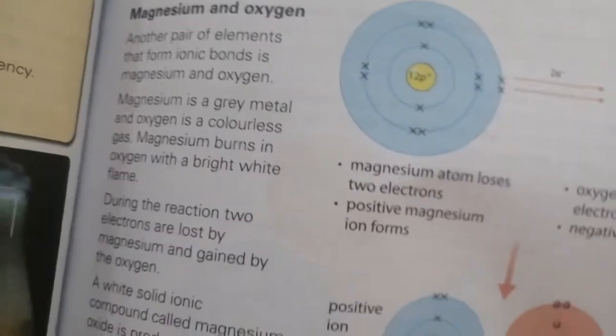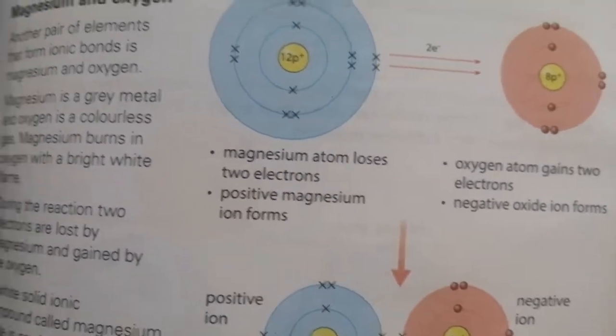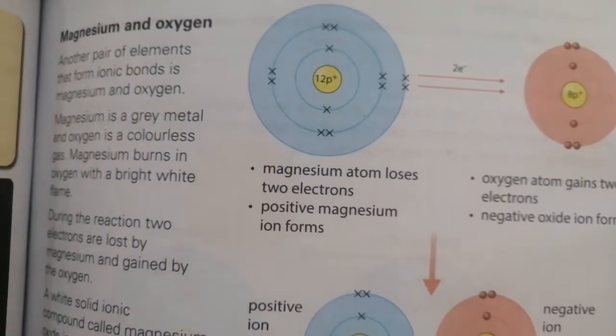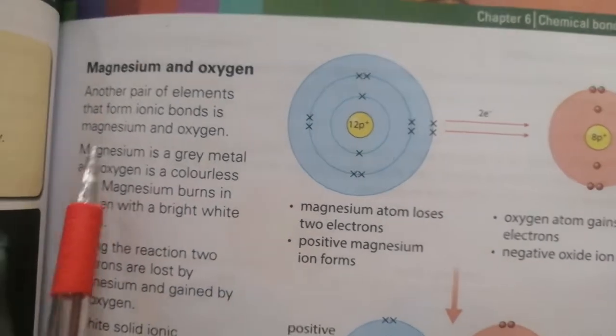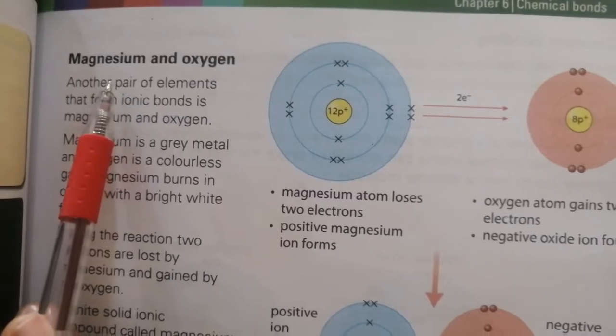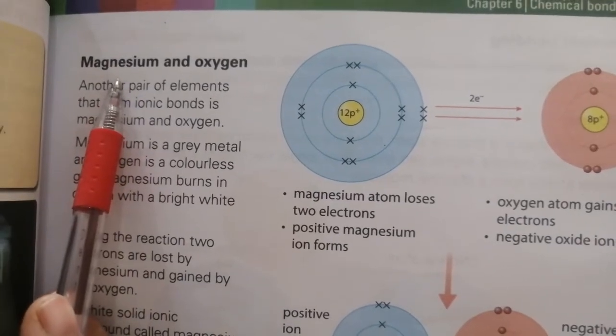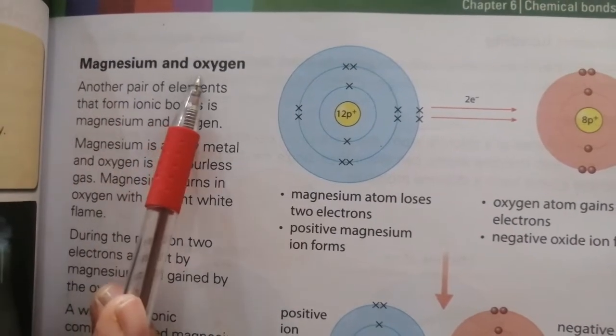Now in today's class, we will discuss some more examples related to ionic bonding, and this example is related to the reaction between magnesium and oxygen.